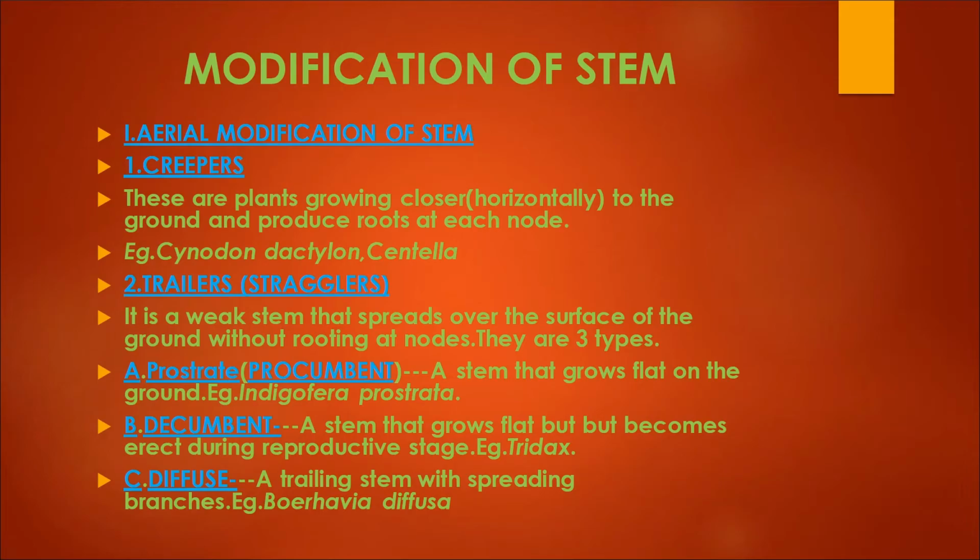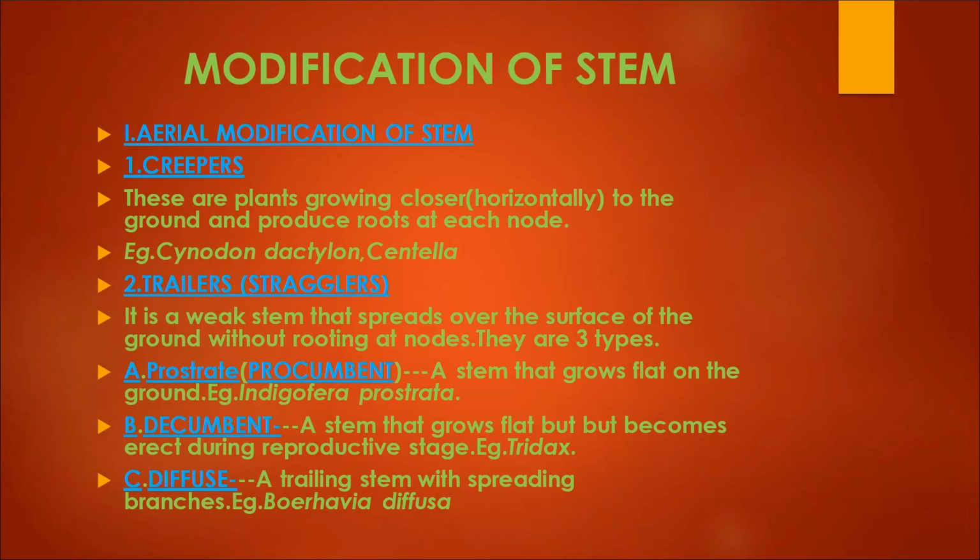Aerial modification, creepers. These are plants growing close to the ground horizontally, and they produce roots at each node, for example Centella and Cynodon dactylon, which are of the grass families. Trailers or stragglers have a weak stem that spreads over the surface of the ground without rooting at the nodes, and this is again of three types, namely prostrate, procumbent and diffuse. Prostrate is a stem that grows flat on the ground, Indigofera prostrata.